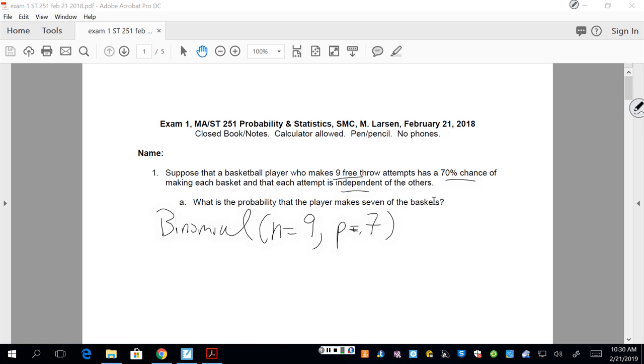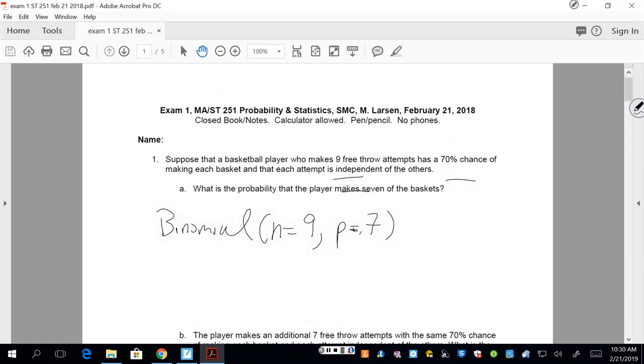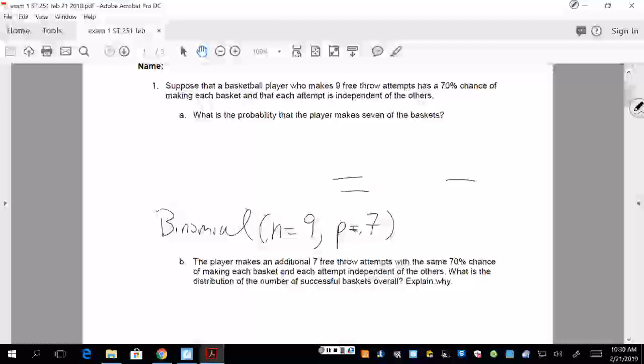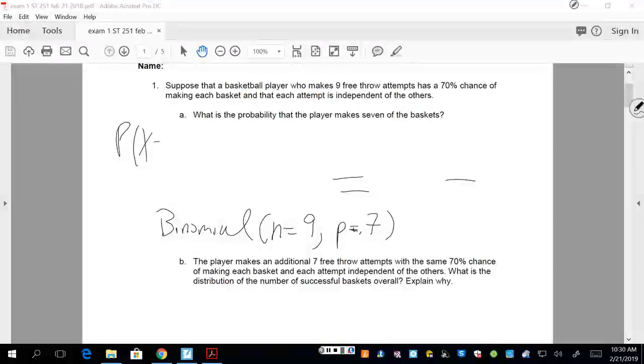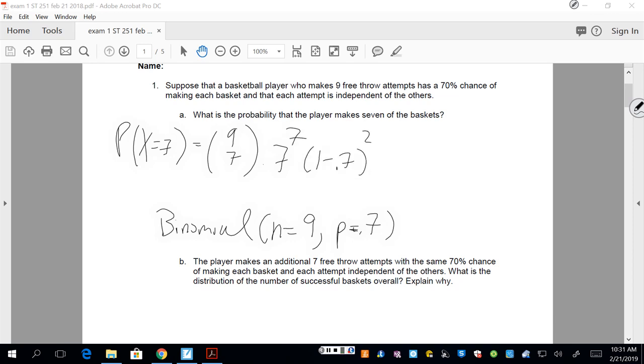It's the probability that you have 7 out of 9. So then it's using the binomial probability formula to calculate it. So 9 choose 7, 0.7 to the 7th, and then 1 minus that squared: 7 yes, and 2 no. The 9 choose 7 is the same as 9 choose 2.